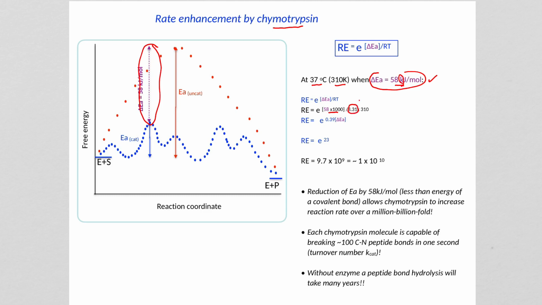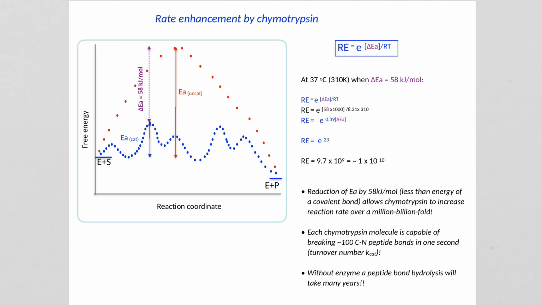R is given in joules, so that's why we have to calculate EA in joules and multiply it by 1,000. And if we do that, we get a rate enhancement of E equals 23. That comes out to be about 1 times 10 to the power of 10.